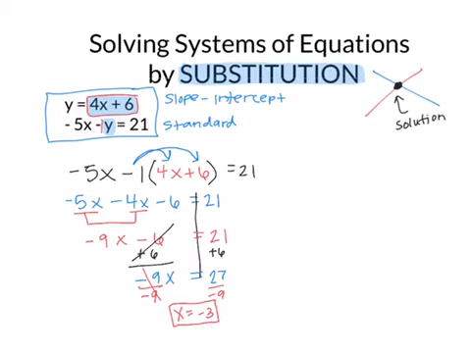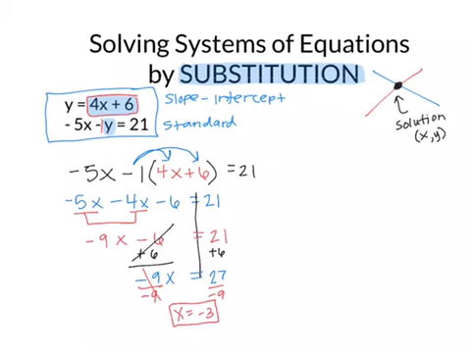Now we have x, but we need to know what y is. Because a solution, I'm going to write it down over here, a solution is an ordered pair, x comma y. So I'm going to pick either of those equations that we started out with. It does not matter which one. You could try both and you would get the same answer.